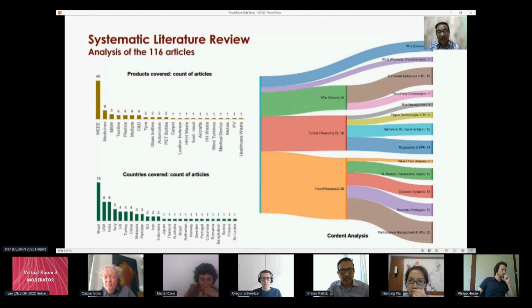This is one of the major factors influencing take back. Then there is consumer behavior and the role of incentives. Consumers are the first link in the value chain of a take back program, and therefore their involvement plays a very critical role. All of these insights helped us develop a framework of the configurator.